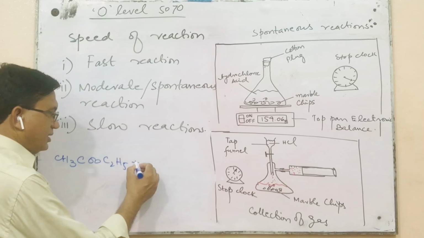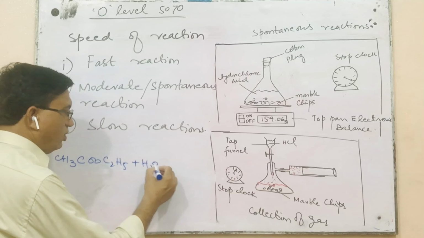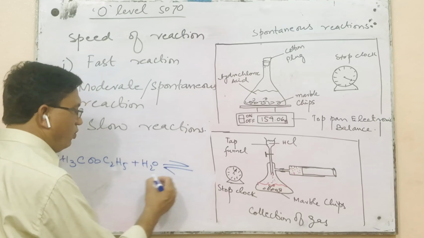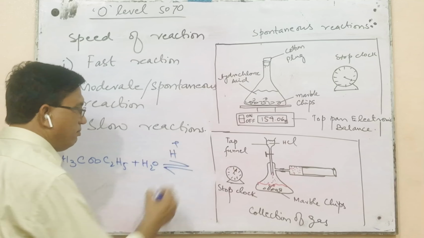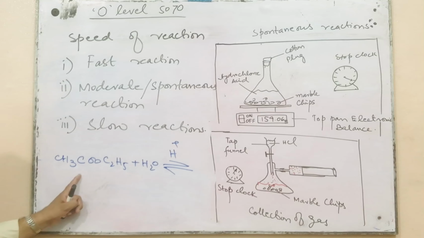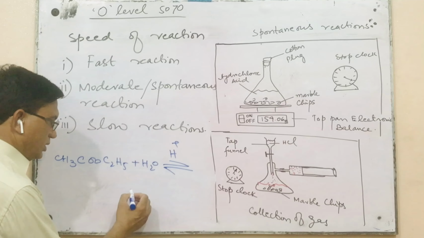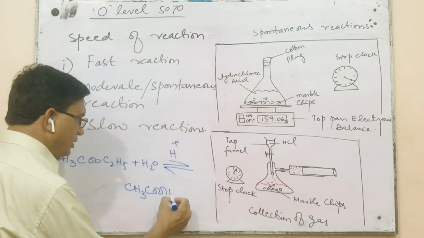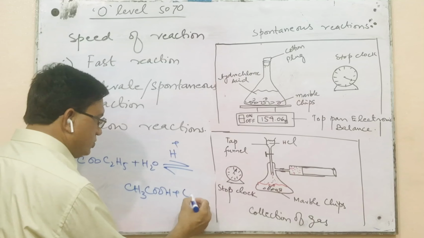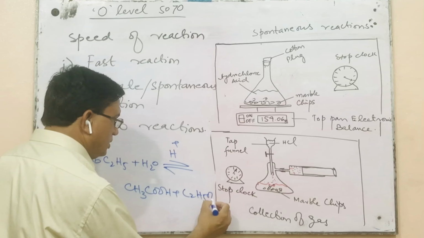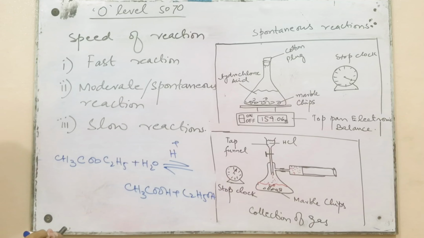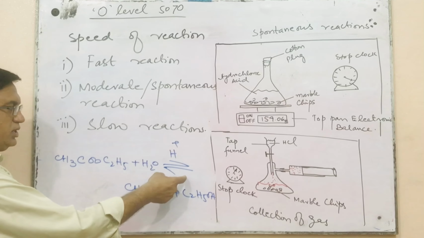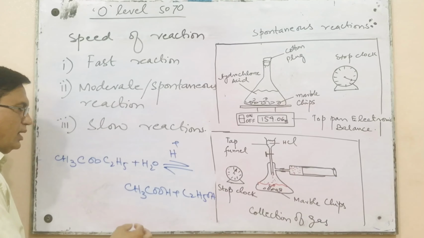When this ester is hydrolyzed in the presence of mineral acid, it produces the respective carboxylic acid and also the alcohol. Now, this reaction also proceeds at a normal speed.